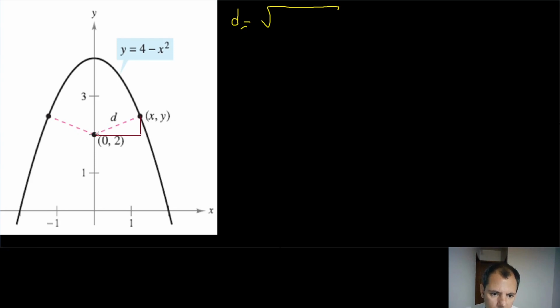If you want to find this distance here, this is a right triangle, so it's going to be the square root of x, the arbitrary point on the graph, minus 0, because 0 is the coordinate of this point right here, squared, plus y, an arbitrary point on the graph, minus 2 squared.